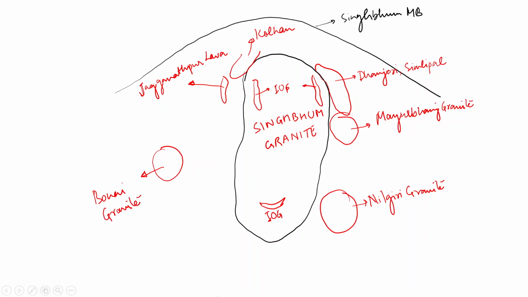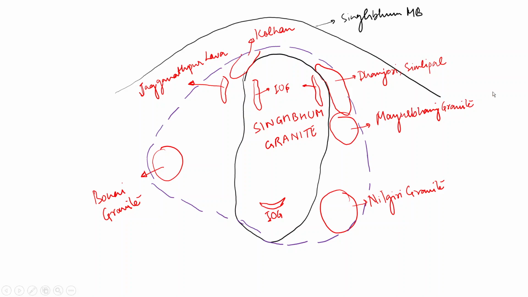Okay. So if we try to mark a boundary all along this region, then we can say that there are several of these igneous bodies which are exposed surrounding this central Singhbhum granite.